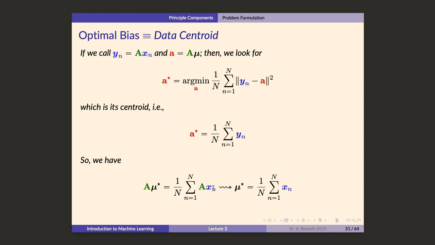So A doesn't play any role here. I can just get rid of A from both sides, and then I can set mu star to be exactly the center point. This is quite intuitive: if you want to find the right bias, you just look where your data lies and find the center of your data. That is going to be the center, or the bias, of your model.